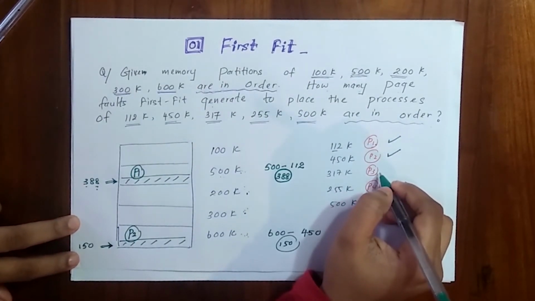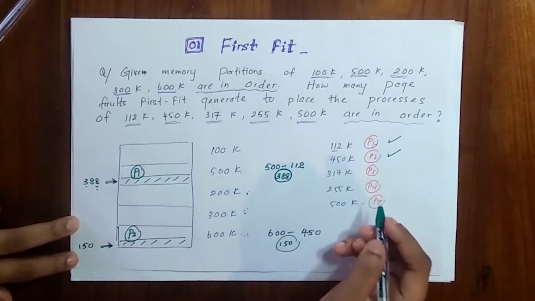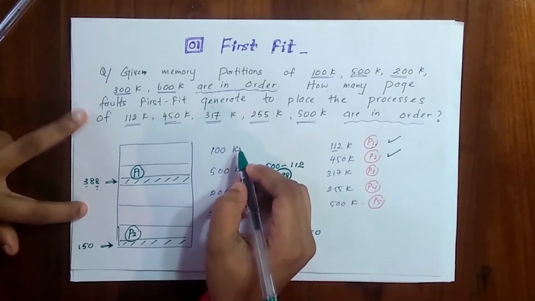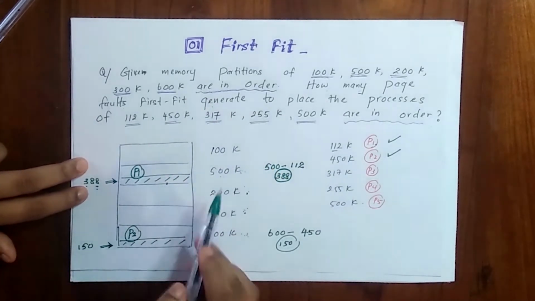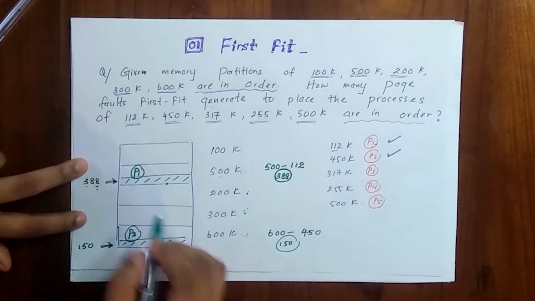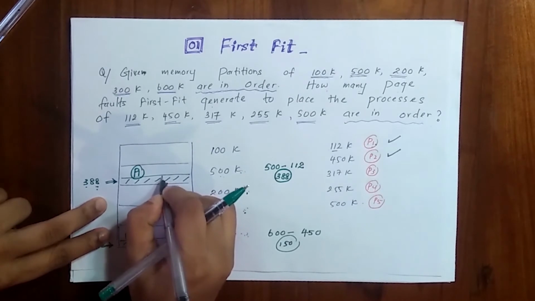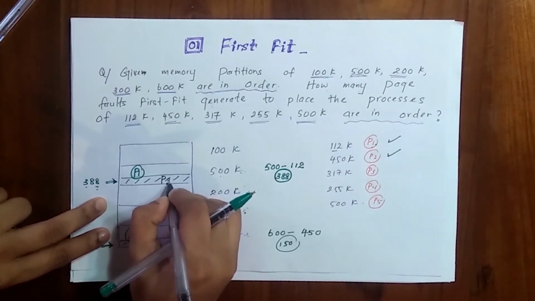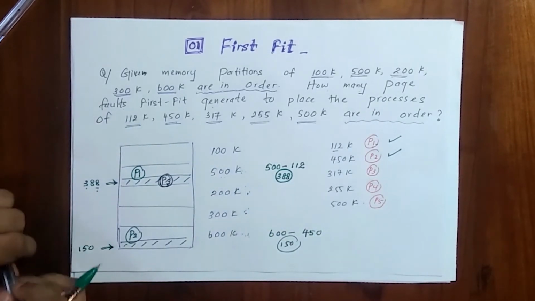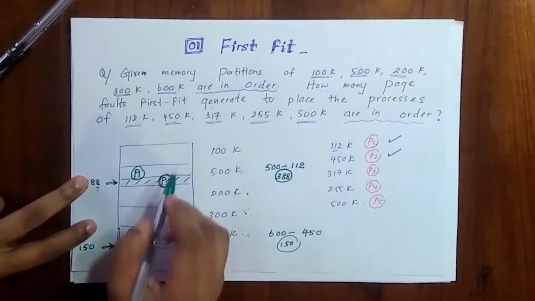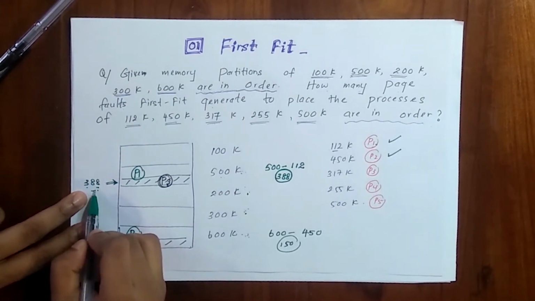Now let's move to P3. It is 317. So you can see that we can place it in this partition. You can't place it anywhere else. We can place P3 here. So you saw why we calculate the available space.